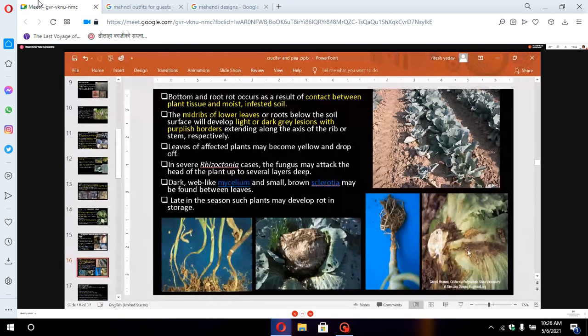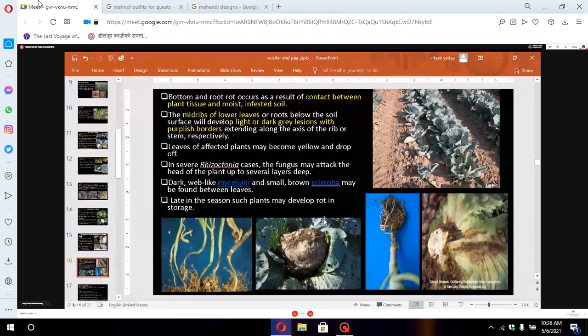Or sometimes the mycelia, due to splash rain, come in contact with the head of this curd and they may cause head rot as well. So this is about head rot. In case of rhizoctonia, some mycelial growths can only be visualized with a hand lens.